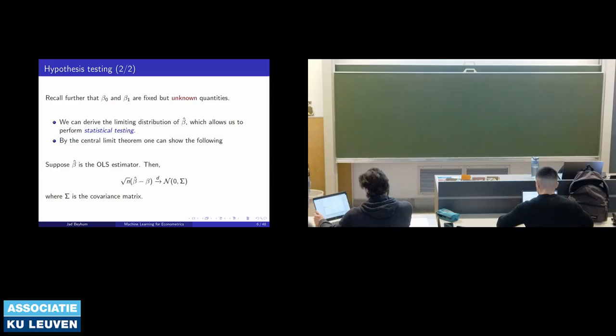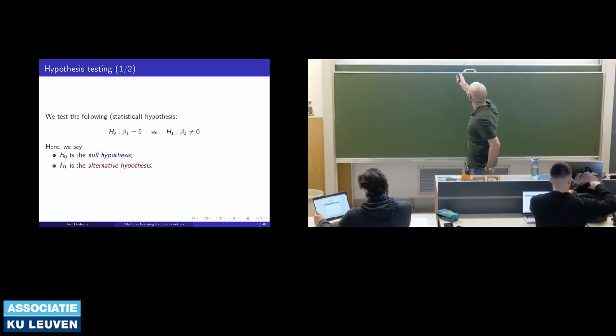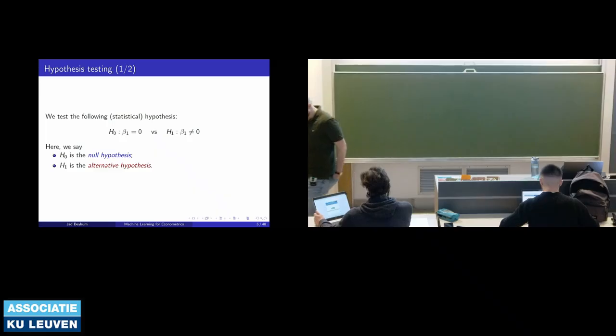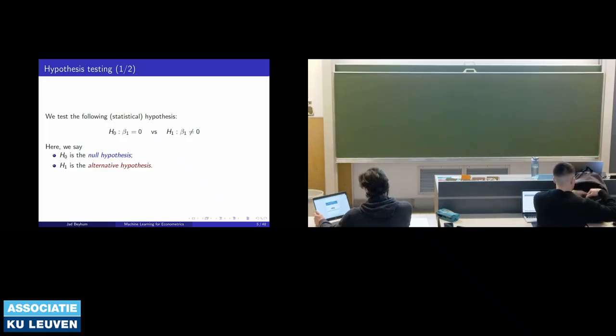And how do we do that? Essentially, we work like in the justice system and the presumption of innocence. So we start from the assumption that beta 1 is equal to 0. So we start from the null hypothesis. Then we look at what should be, under this null hypothesis, the distribution of the facts that we should observe.